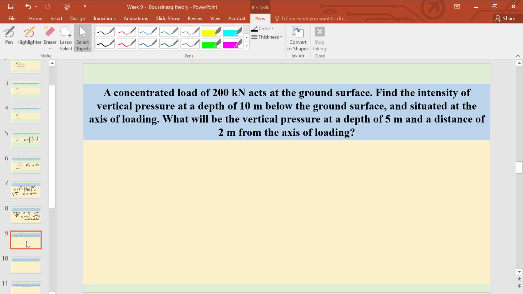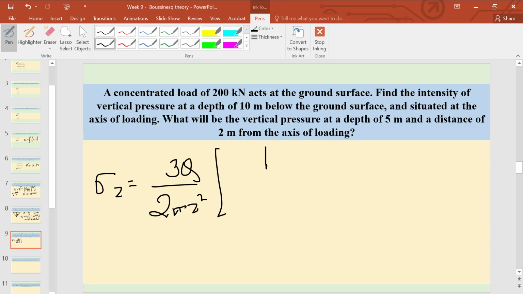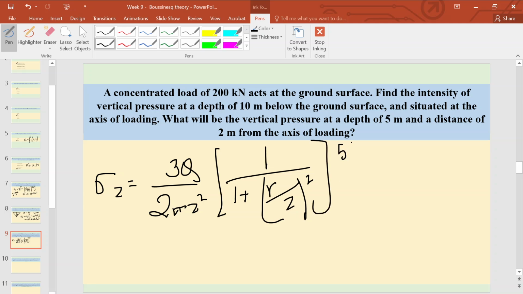Next one was the concentrated load. It was like this: sigma Z equals 3Q divided by 2 pi z square into 1 divided by 1 plus r by z whole square, whole to the power 5 by 2. There were two scenarios.